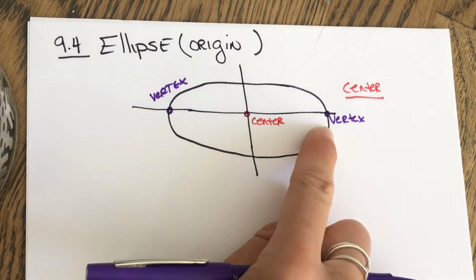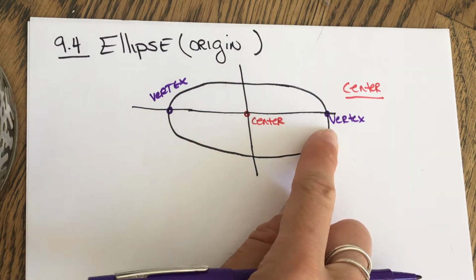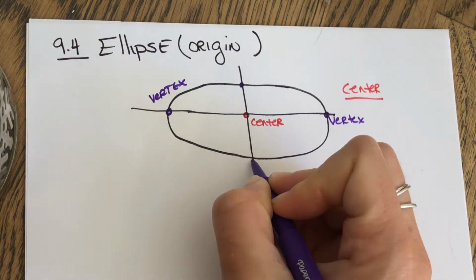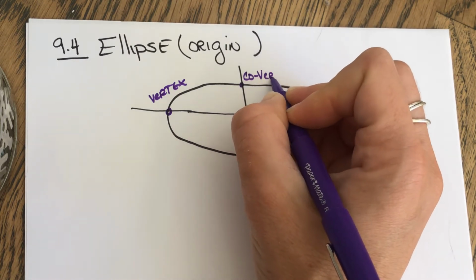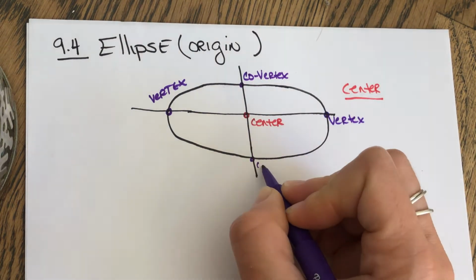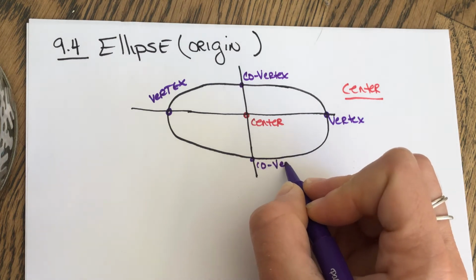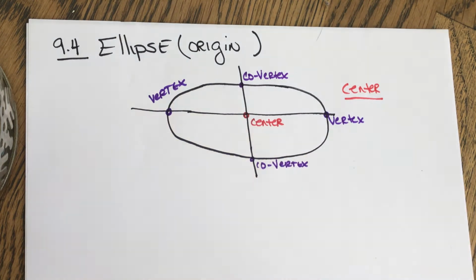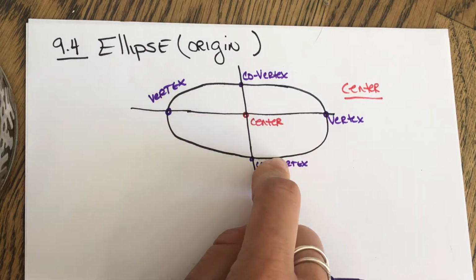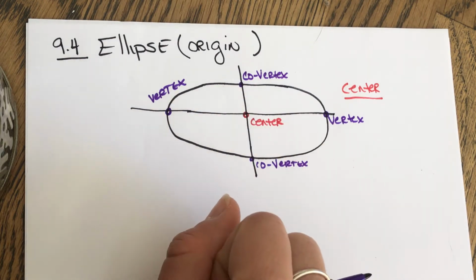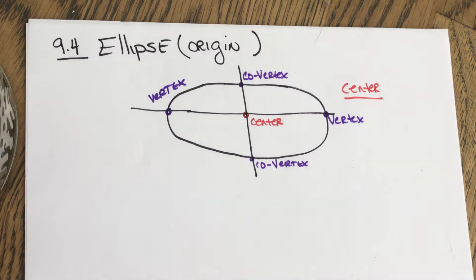And again, they're along the x-axis, the longer way. And then what we have up here, the top and the bottom, the shorter way, they're the covertex, or covertices. Think, co means helpful, worker, working together. These are your vertex, these are the covertex, the shorter one. And again, I'm going to go over this in a moment. We're just going to put all the vocabulary in.